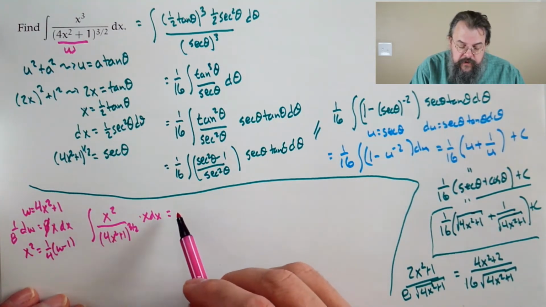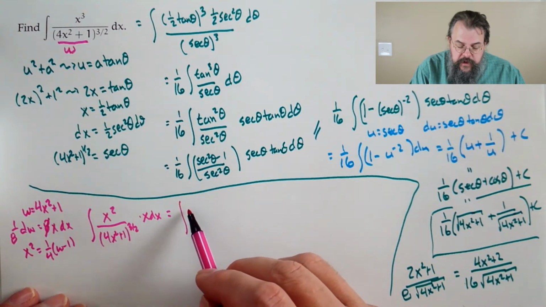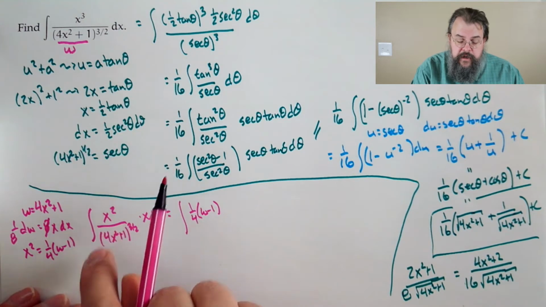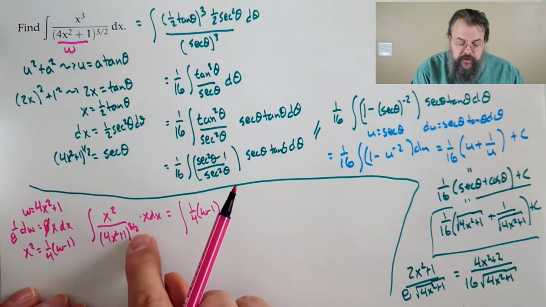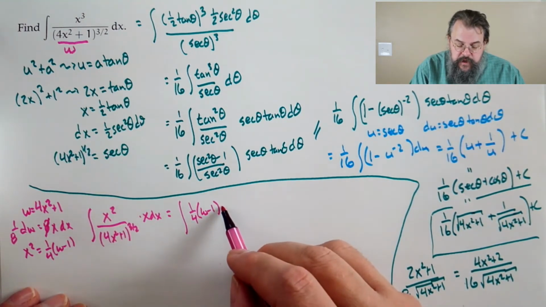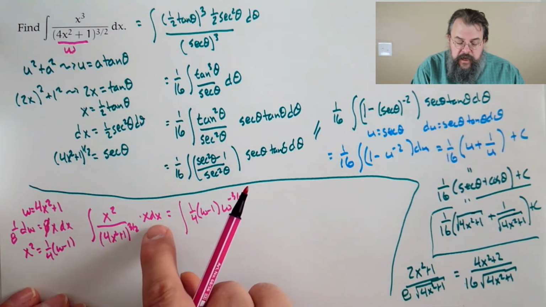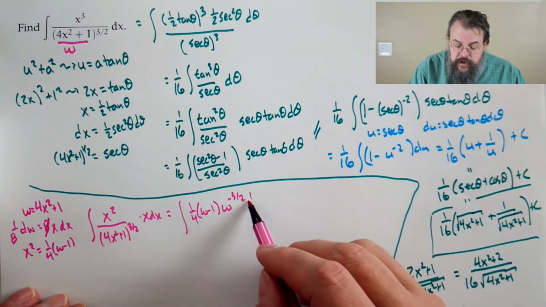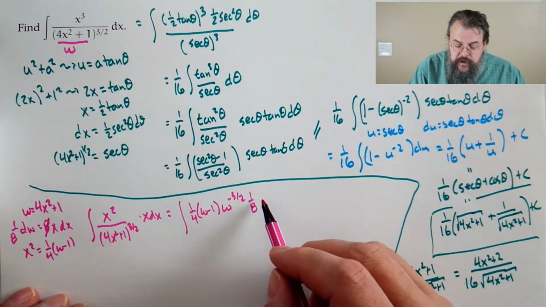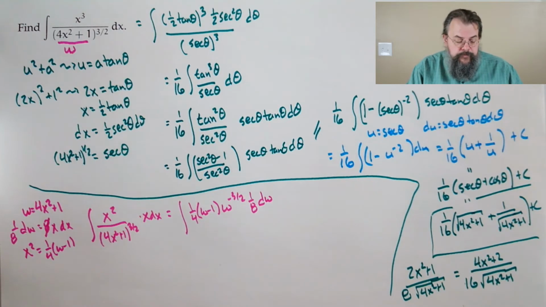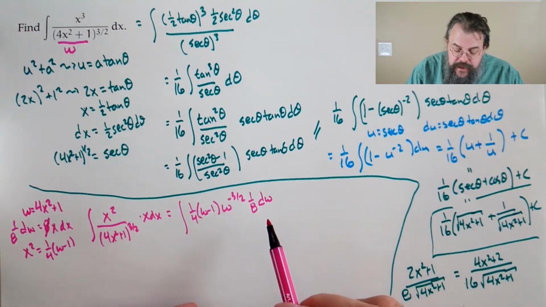So we have integral of 1/4 w minus 1, that's our x squared. 4x squared plus 1 to the 3 halves downstairs becomes w to the minus 3 halves. X dx becomes 1/8 times dw. All right. Making good progress here. And what do we see?